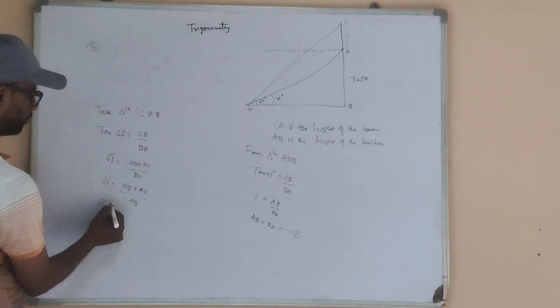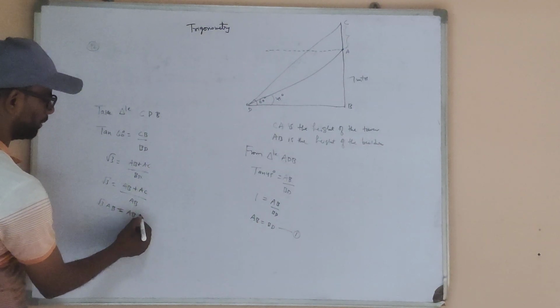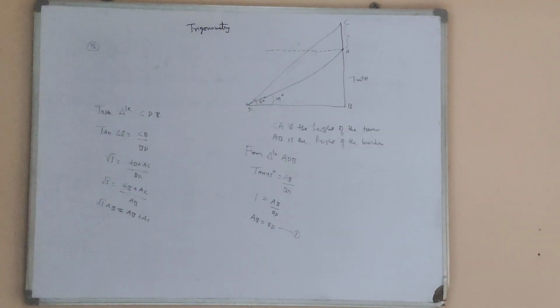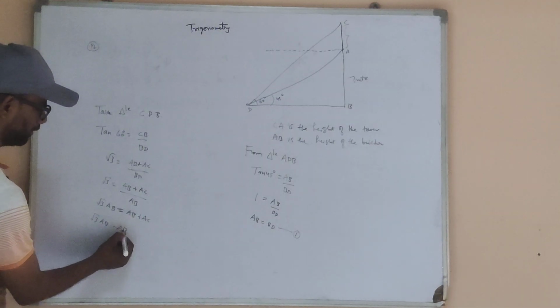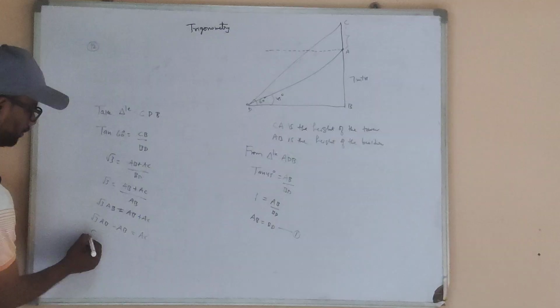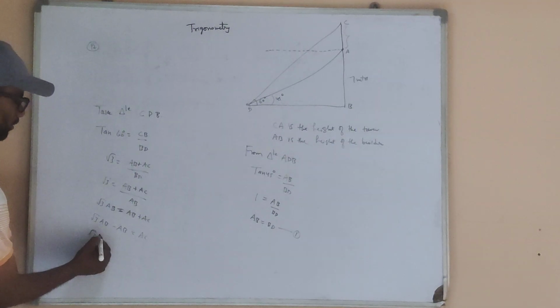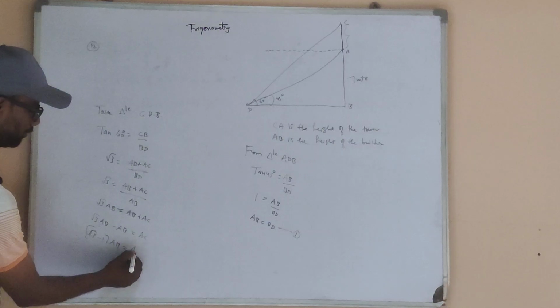Root 3 AB is equal to AB plus AC. So root 3 AB minus AB is equal to AC. So (root 3 minus 1) into AB is equal to AC.